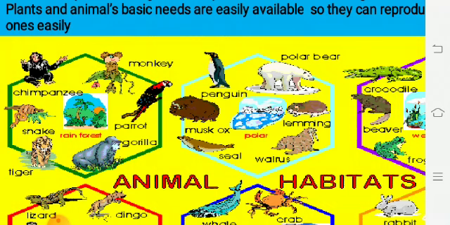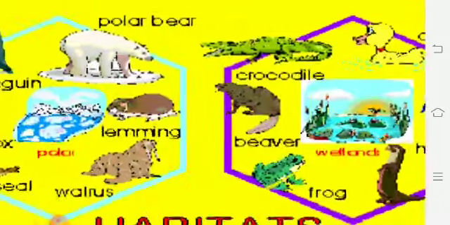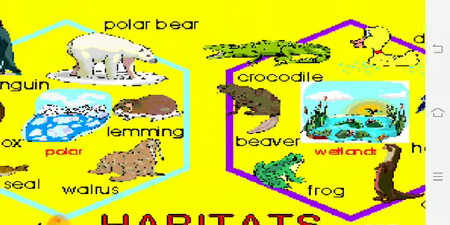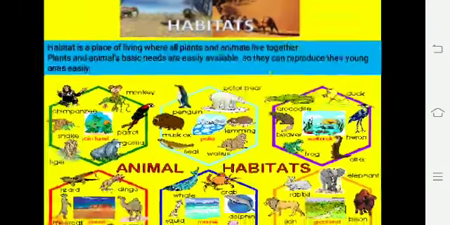If we talk about rainforest, there are parrot, gorilla, monkey, chimpanzees. In the wetland, you will find crocodile, frog, duck, heron.